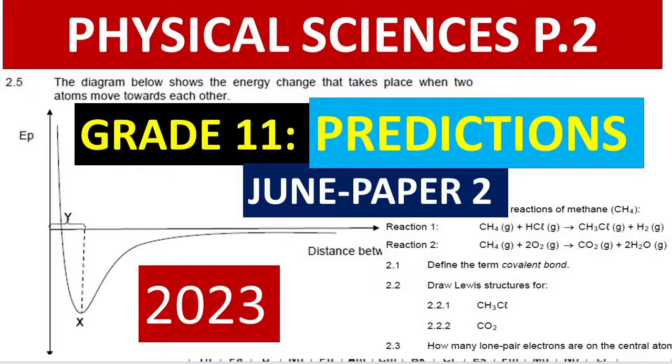So if it is found in group 4, it means that it has how many electrons outside? Basically, if you draw the structure of carbon, you'll find out that it has 4 electrons. So the valence electrons will show the group number.